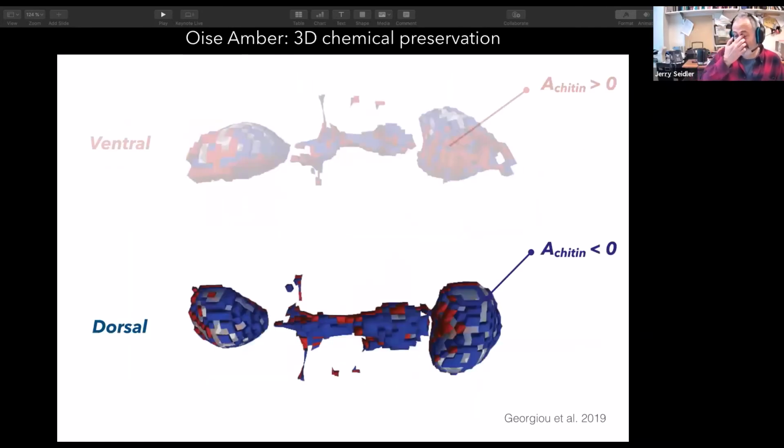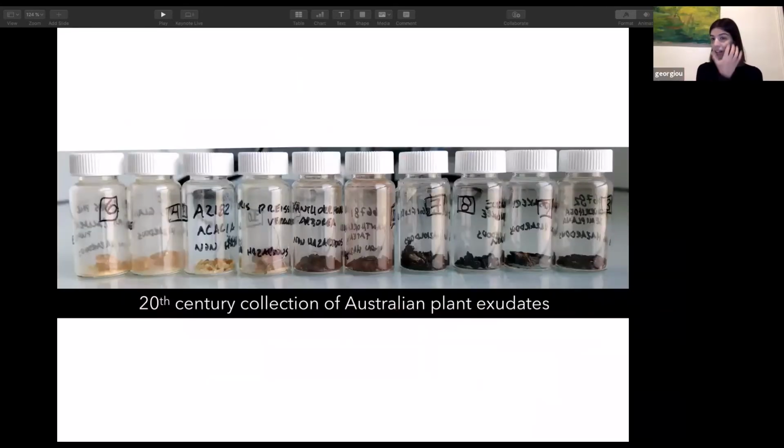Okay, so the second case study I wanted to share with you is the experiments we did on this 20th century collection of Australian plant exudates.